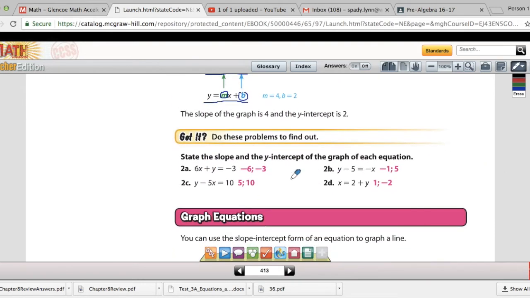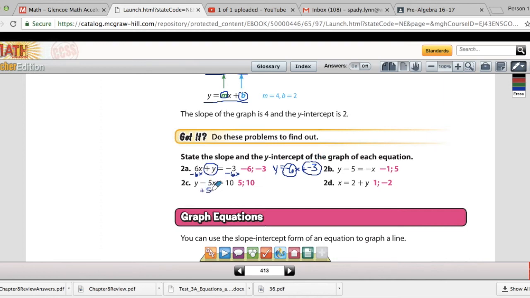So let's take a look at these right here. Since y is by itself there, we can take away 6x, take away 6x, and we get y equals -6x minus 3. So our slope is -6, our y-intercept is -3.